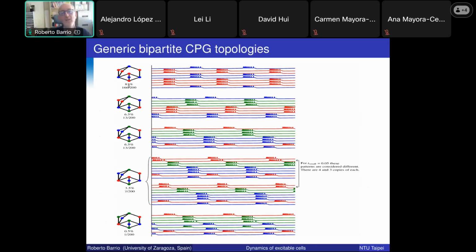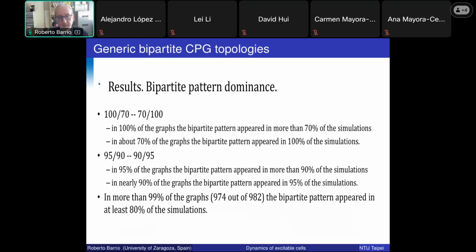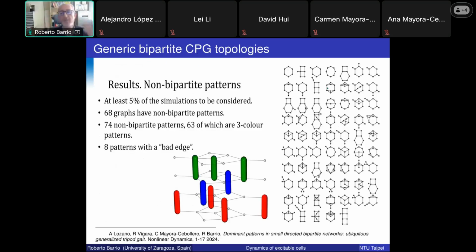So we want to study which topologies of the CPG, of the network, allow the creation of extra patterns different from the dominant bipartite one. So this can generate, for instance, most of them are dominant, but we have classified a few graphs that give this. So we want to connect this also with the spike adding, but for the moment it's just a question about the topology of the graph, which is in some sense quite interesting, because some of them appear in nature. So it will be something that is open for us now.